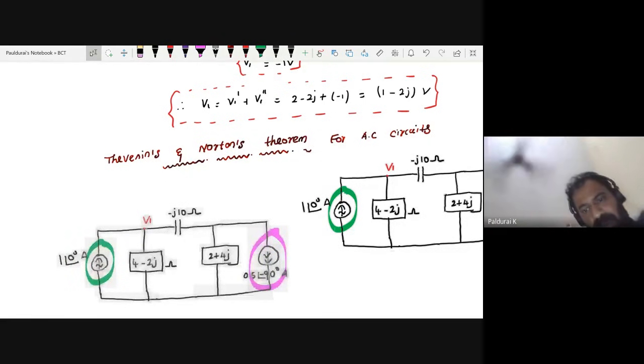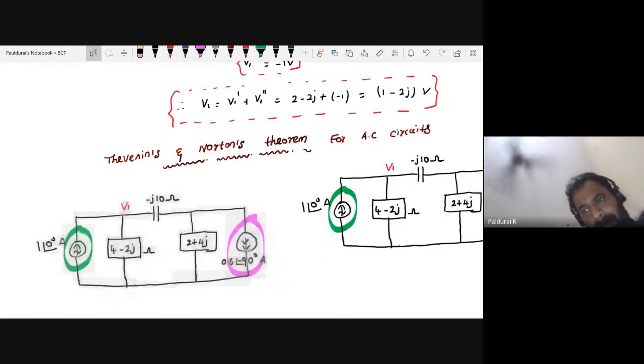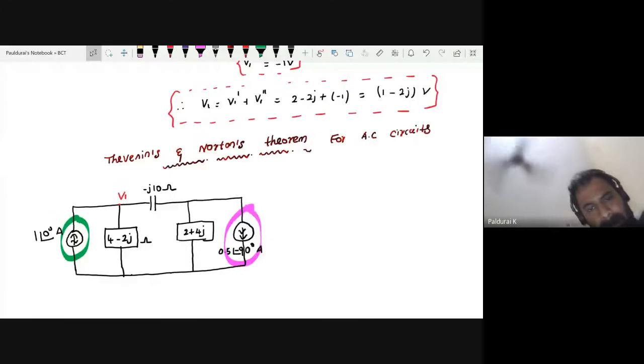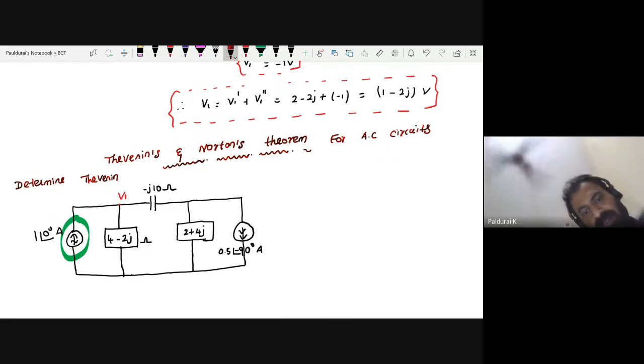Take the same problem. This time, determine Thevenin's equivalent circuit seen by minus J10 ohm.